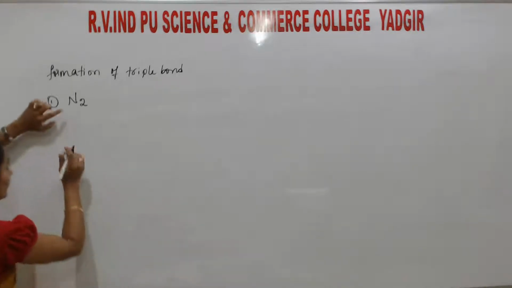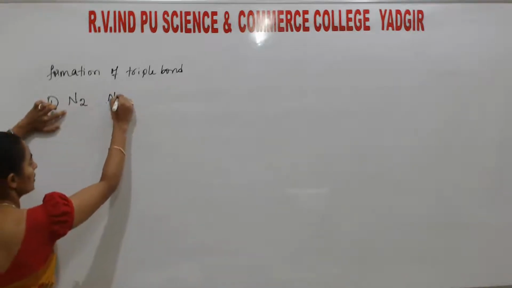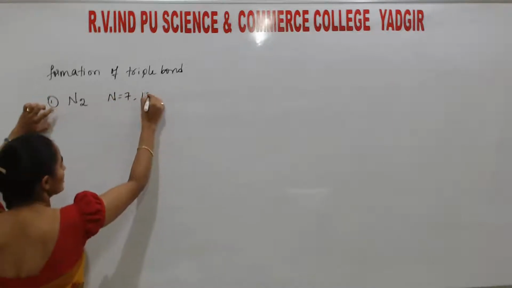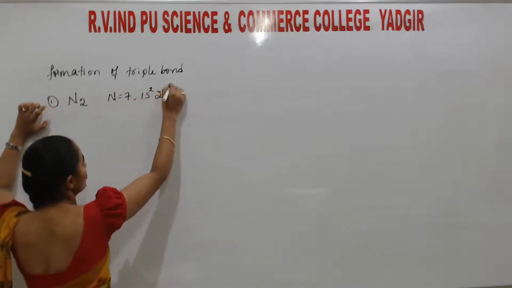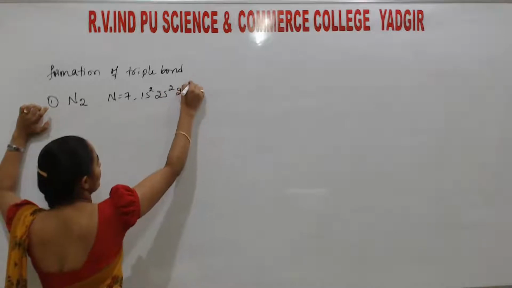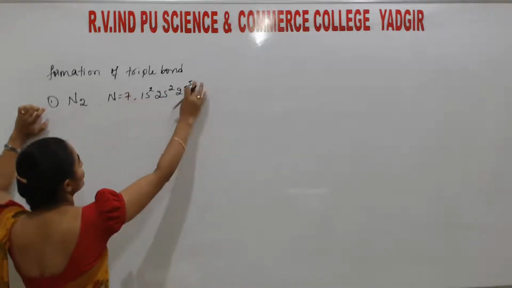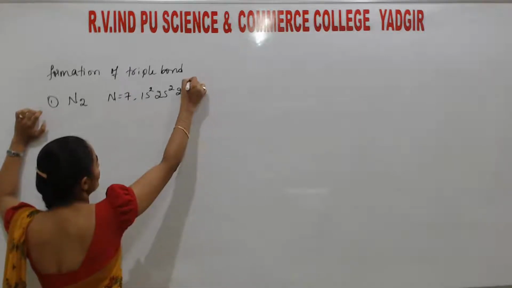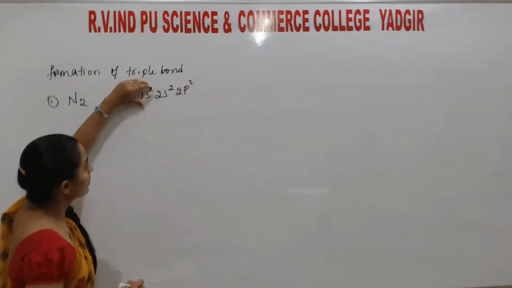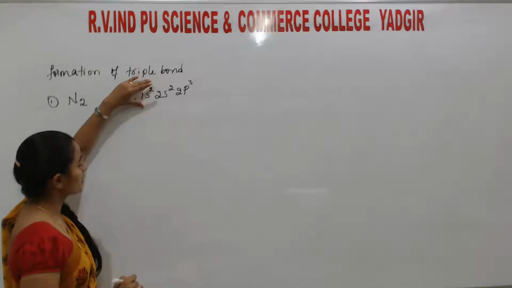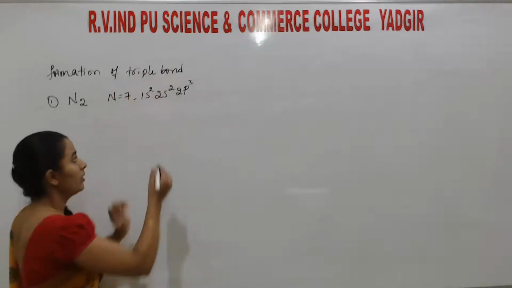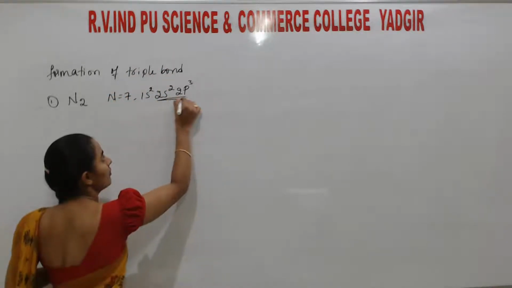I write here: nitrogen, atomic number 7, configuration 1s2, 2s2, 2p3. This is the complete shell, one means K shell, this is L shell. This one is the valence shell.